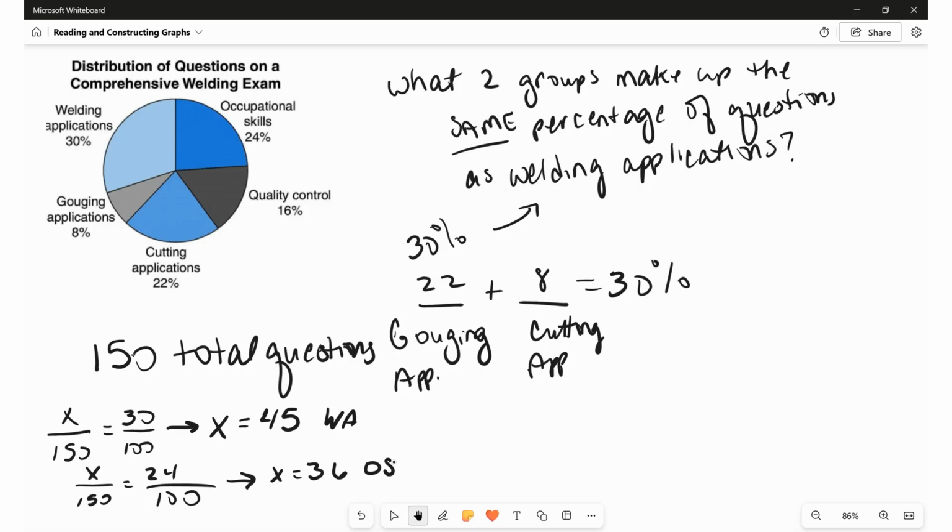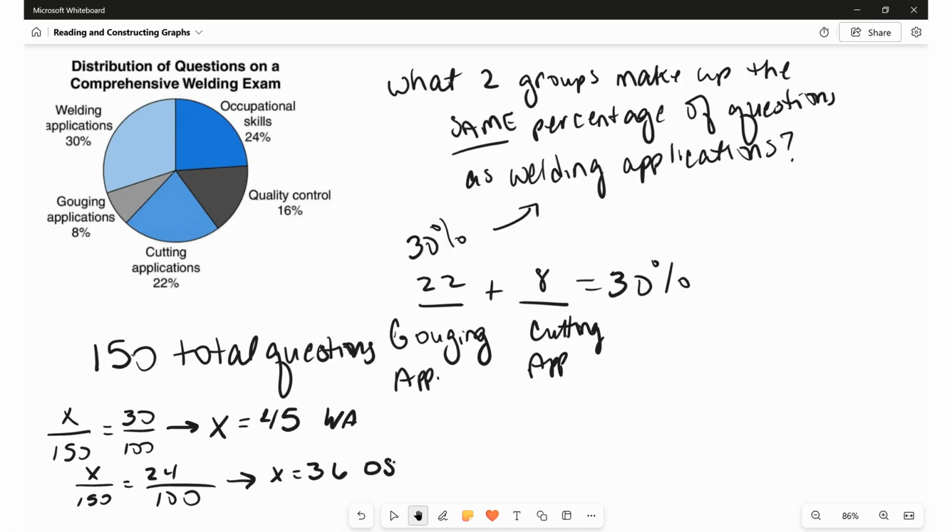So we can tell how many questions of each type are going to be on this exam. We could also figure out what sections would be about half of the exam. There's so many different things that we can figure out here.